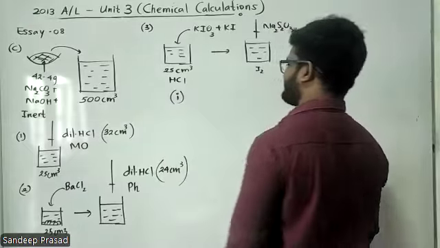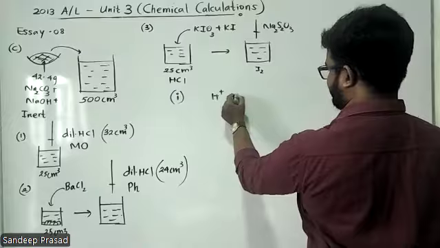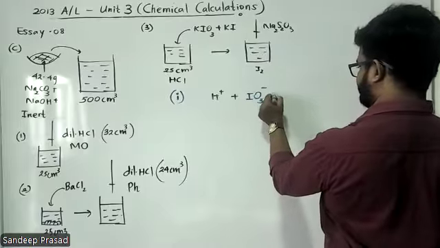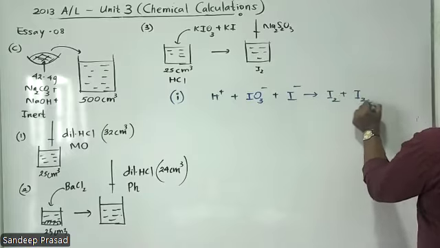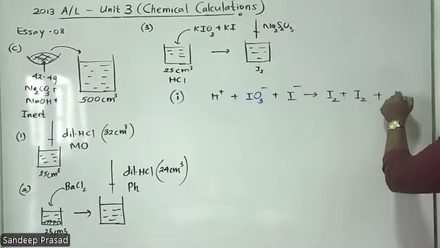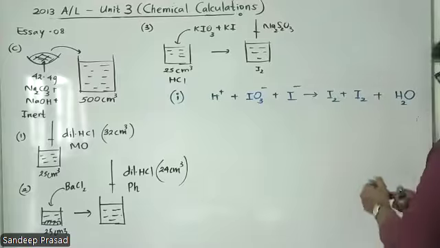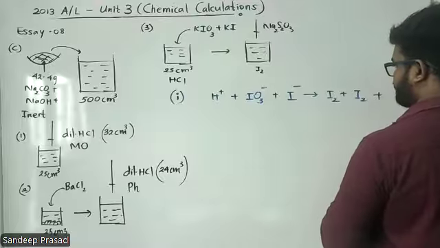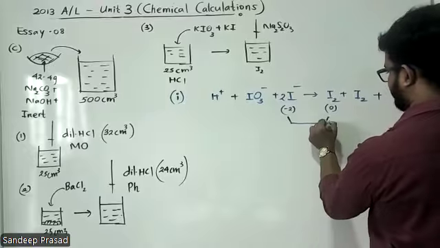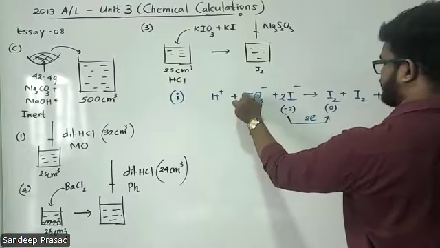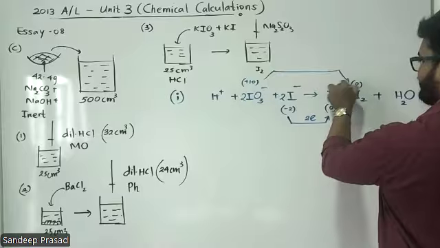So students, we know that here iodate and iodide react together in the presence of H pluses to produce iodine. I minus is converted into iodine, and IO3 minus is also converted into iodine. In this reaction, for I minus, the oxidation state goes from minus 1 to 0, an increment of 1 electron per iodine, so 2 electrons for I2. For IO3 minus, plus 5 to 0 per iodine, so a decrement of 10 electrons.